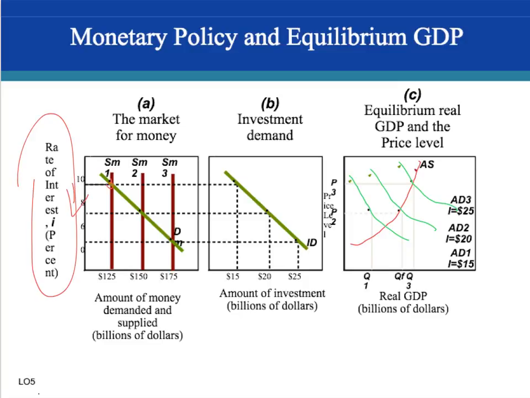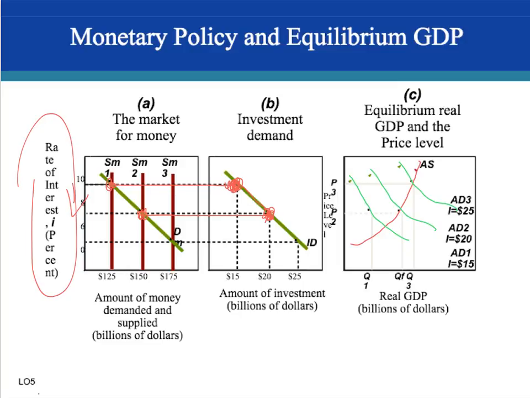So we go from 10% to 8%. So the quantity of investment demanded rises because now the cost of borrowing money for investment purposes is lower with a lower interest rate.